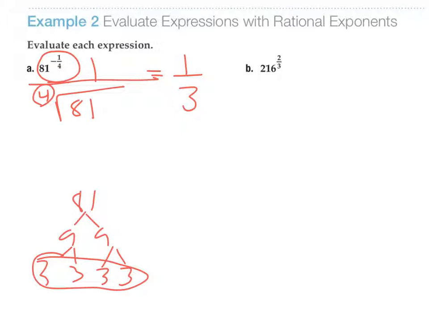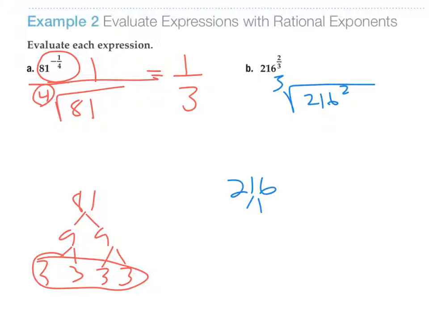The next problem is a little bit more complicated, so I'm going to write it in radical form. So it's 216 to the 2nd power, 3rd root. I want to break 216 down into its factors, so I'm going to do a factor tree.